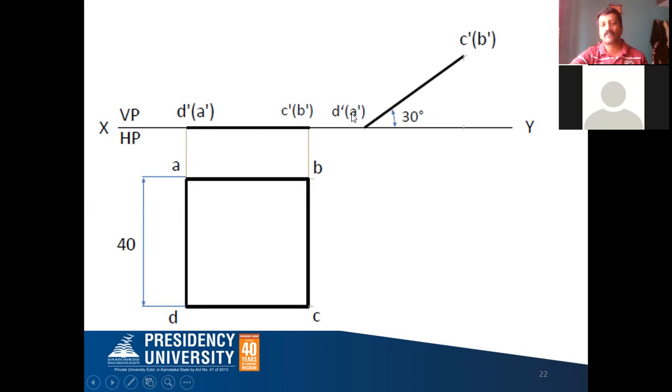You transfer this point here. After this, you take this D dash A dash to C dash B dash distance with the help of your compass. So with this as the center, you cut this 30 degree line. Once it cuts this 30 degree line, from here to here, you join this line with a thick line.